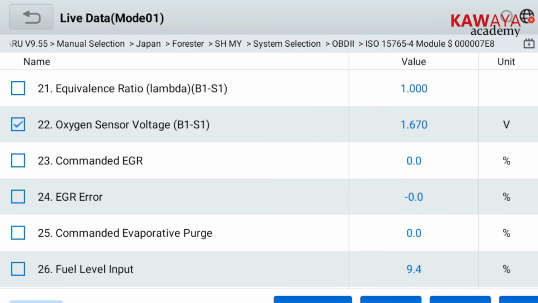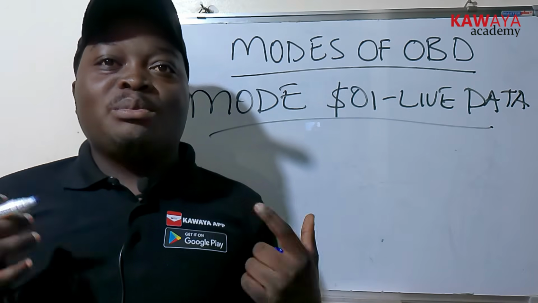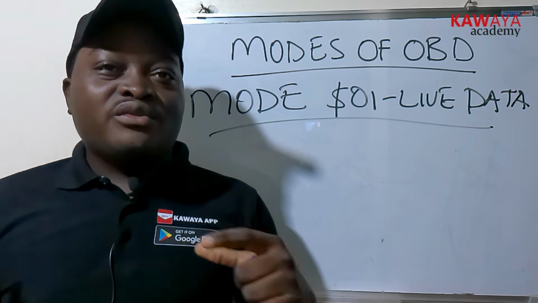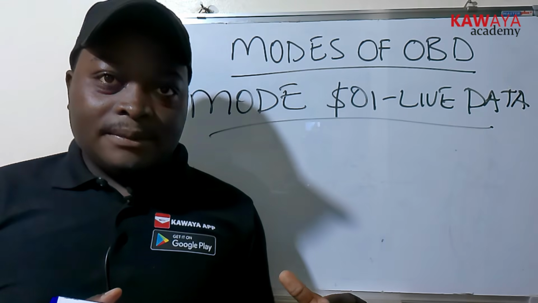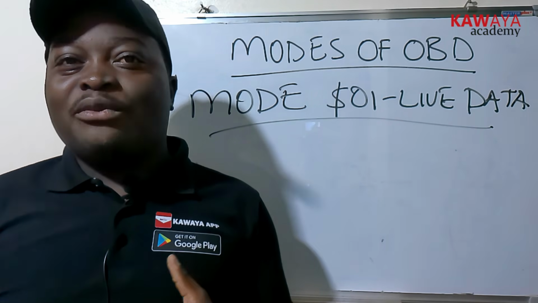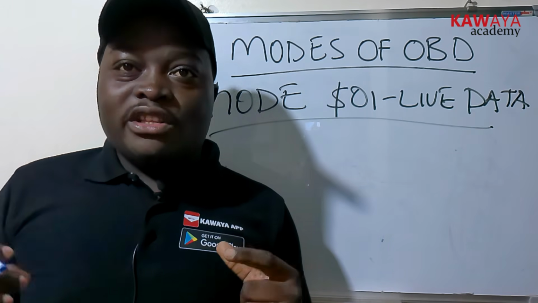How much air is it letting into the manifold, at what speed is the engine rotating, at what voltage is the battery, what is the short-term fuel trim, what is the long-term fuel trim, and so on. What is the coolant temperature at the moment. So this is what we call live data.